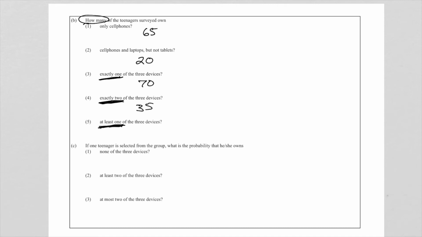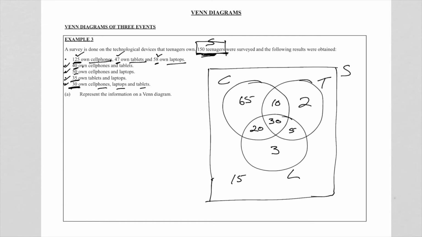So it can be more, but it must be at least 1. So the only part that is excluded, if we go back to the Venn diagram, will be this 15 that is outside. So at least 1 means those who own 1 device, those who own 2 devices, and those who own 3 devices.